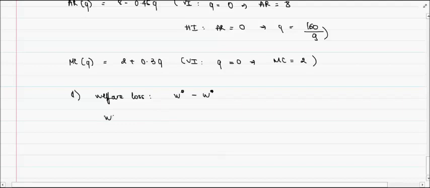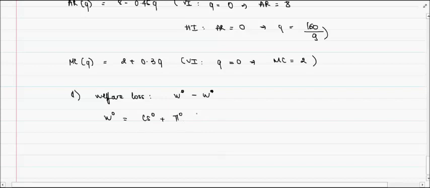Okay, so W 0, which is the welfare in the socially optimal economy, is going to be equal to the consumer surplus in the socially optimal level of output, plus the profit for all of the firms, which is the firm's profit.